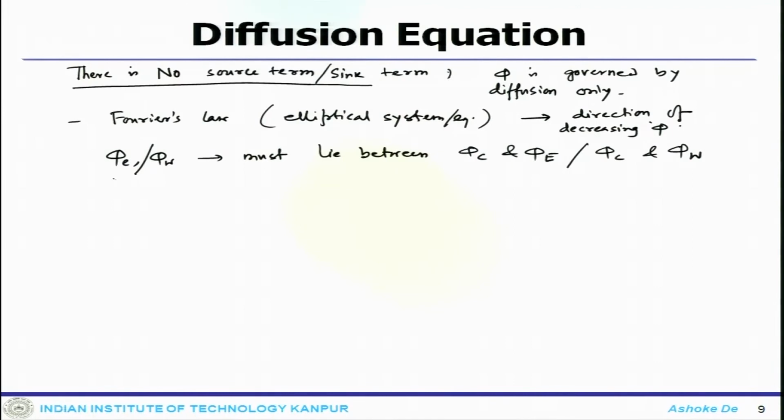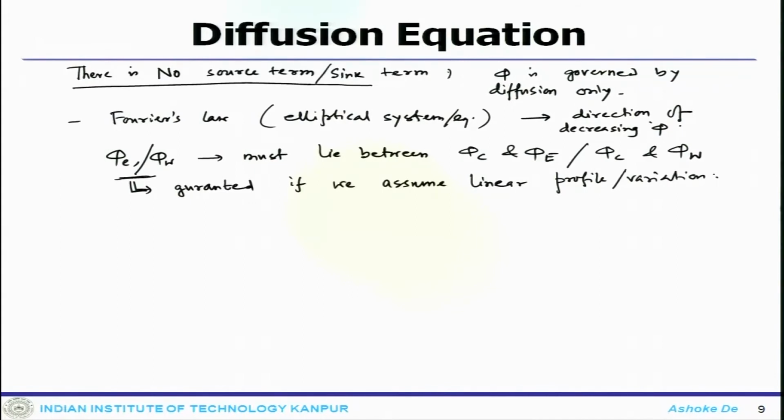But this variation is guaranteed if we assume a linear variation or linear profile. Okay. That is what has been approximated, and we can guarantee that.